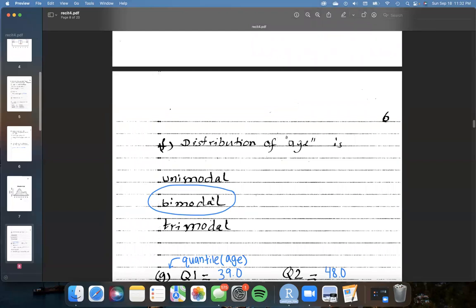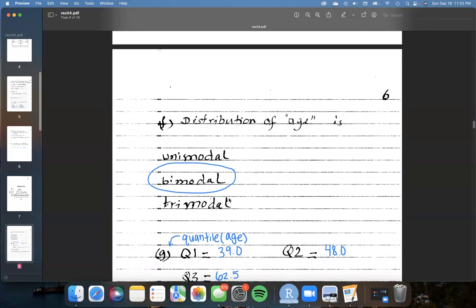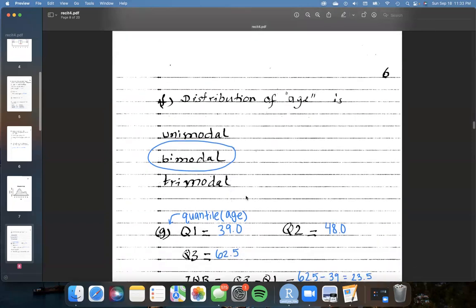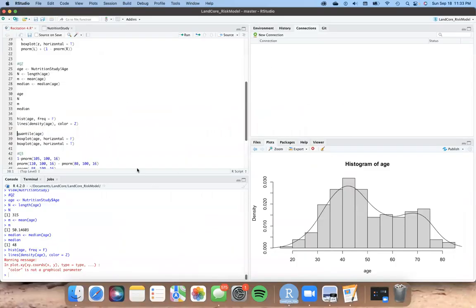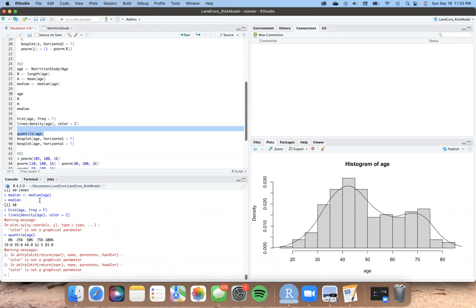Okay, next we have to find our different quartiles. So quartile 1, quartile 2, and quartile 3. So in R, you can use the quantile function. So when you run that, it lists the 0%, 25%, 50%, 75%, and 100%.